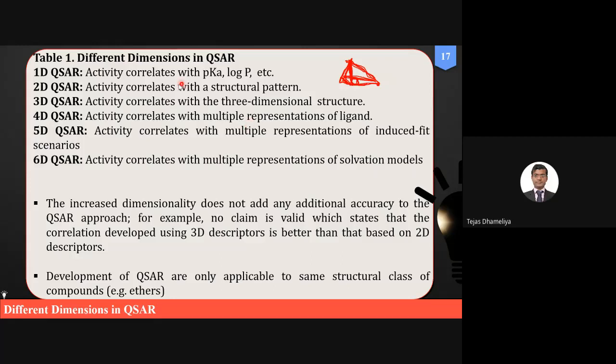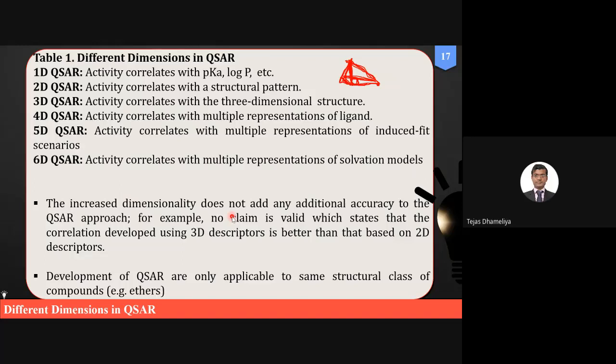So I hope I have made you aware of the different dimensions, but it's not necessary that 2D QSAR is always superior to 1D QSAR, or 6D QSAR is always superior to 3D, right? तो ऐसा जरूरी नहीं है.